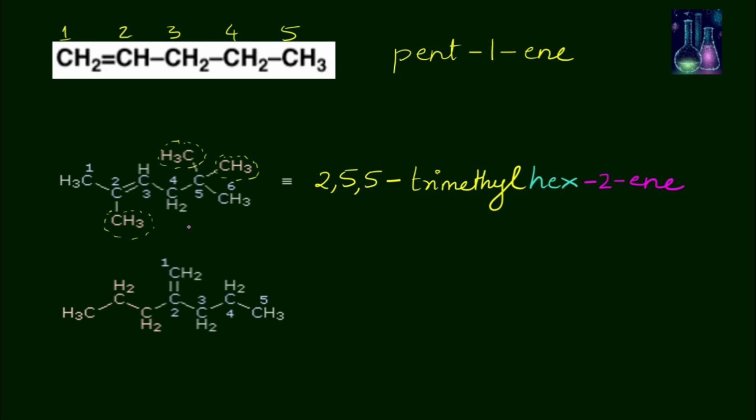Now let's see the next example. In the next example, this could be the longest carbon chain, but when you select this as your longest carbon chain, the carbon-carbon double bond is not included. But as per IUPAC rules, you have to give priority to the carbon-carbon double bond and the triple bond. So they should be included in the longest carbon chain. Therefore I select this as the longest carbon chain, which has 5 carbons. In the second position you have a 3 carbon substituent, that is your propyl.